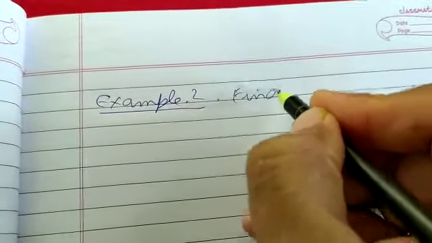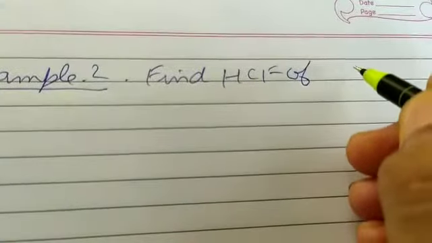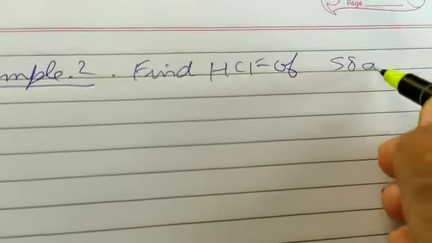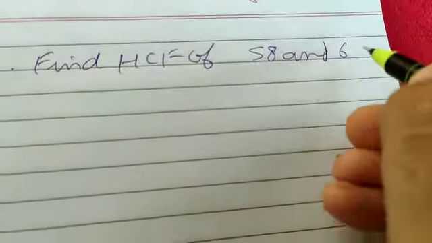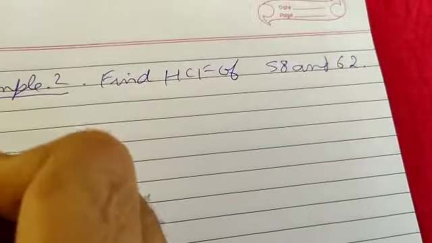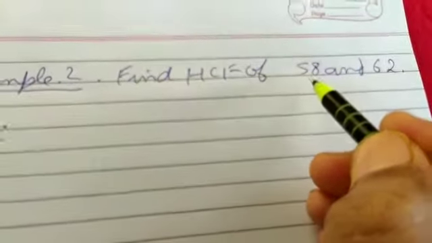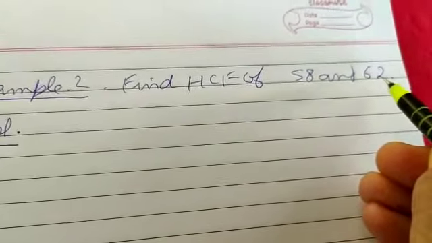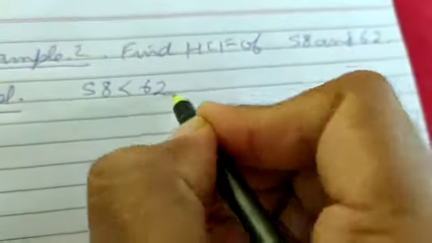Find the HCF of say two numbers 58 and 62. How will we solve this one? Solution for this. Out of these two numbers 58 and 62, 58 is smaller. 58 is less than 62.